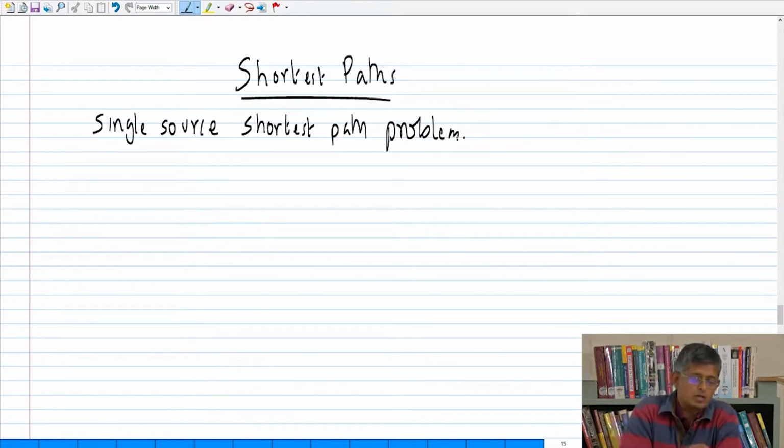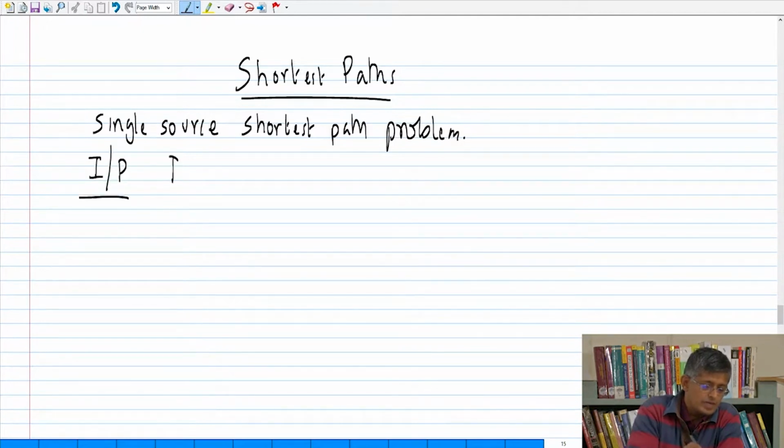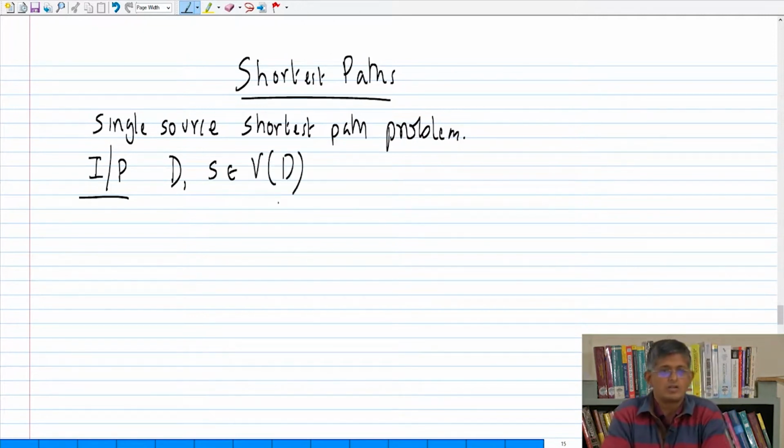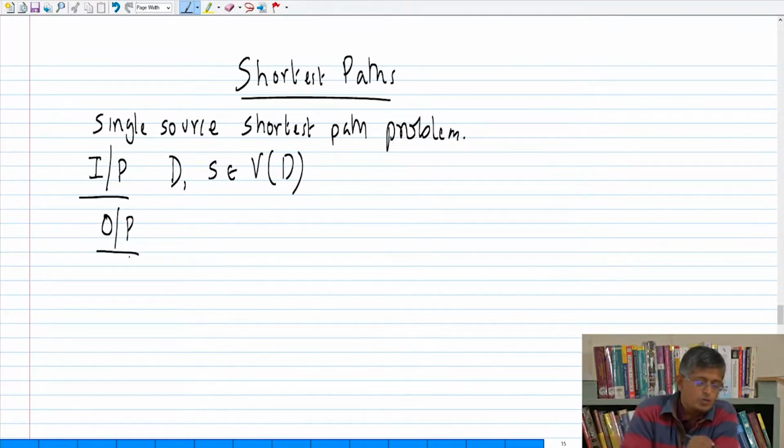So what is a single source shortest path problem? The input consists of a directed graph G and S belongs to the vertex set of G. It's called a source. The output, you want a data structure, right?